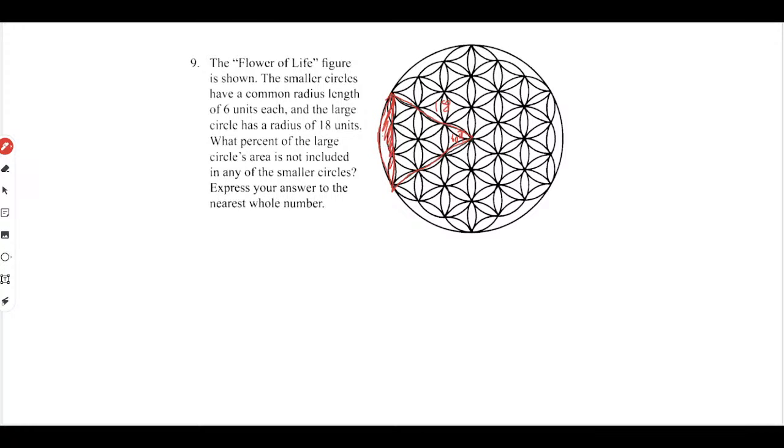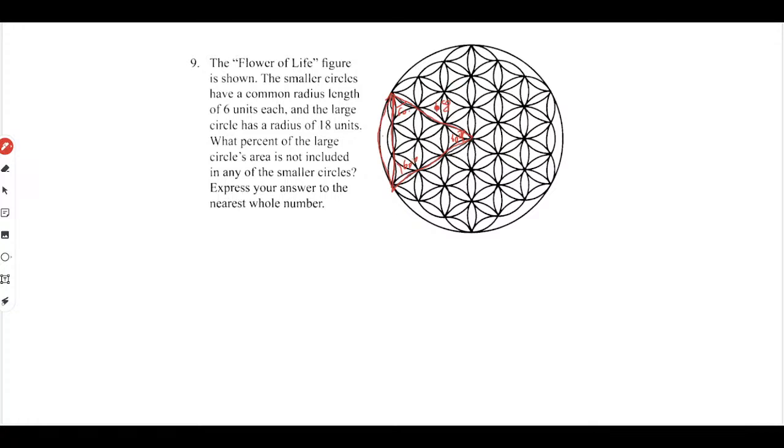Wait, what was your explanation of knowing that it's equilateral? So it is a sixth of the circle, right? Because of the sixth of the circle, this angle right here will have to be 60 degrees. And if this is 60 degrees, and these two sides are congruent because these both are radii of the circle, so they're both 18, then both of these other angles would have to be 60 degrees.